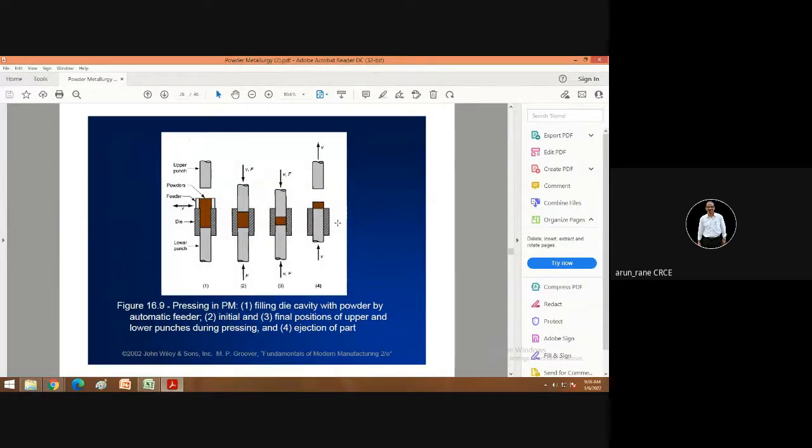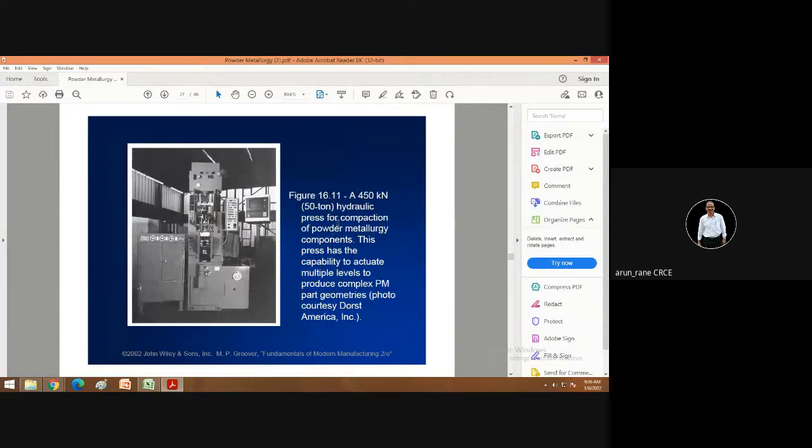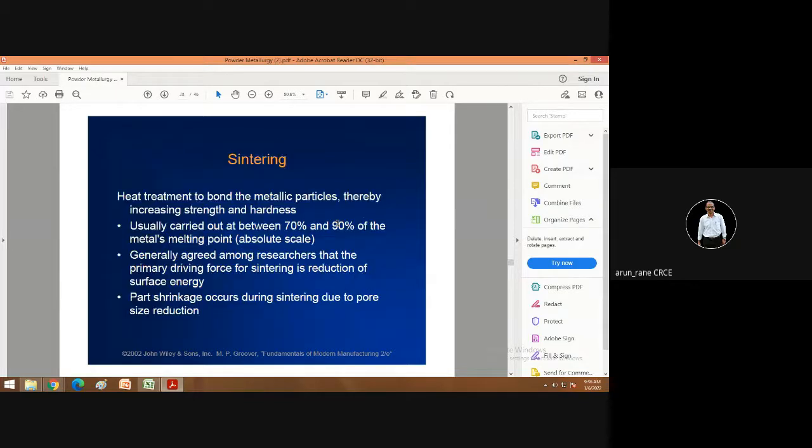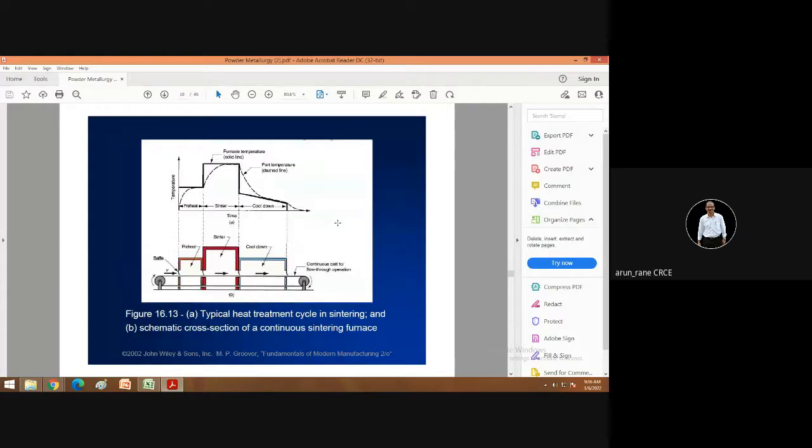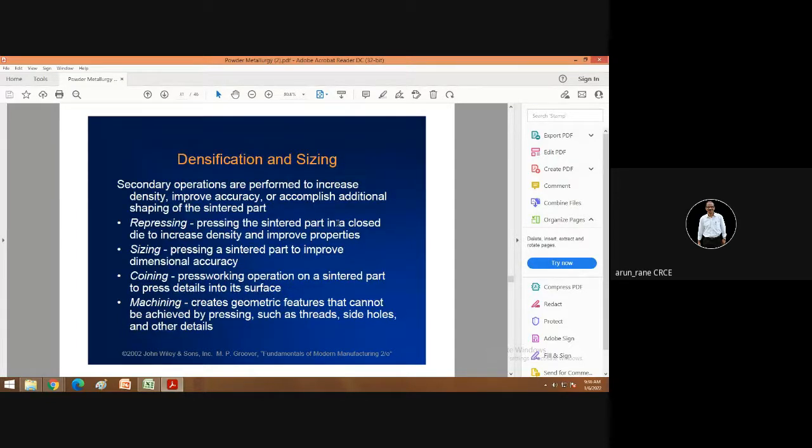See, the tonnage requirement is very high. This is another 50-ton hydraulic process which is used for very small particles, small round components. Sintering is also called heat treatment. Repressing, that is densification and sizing.